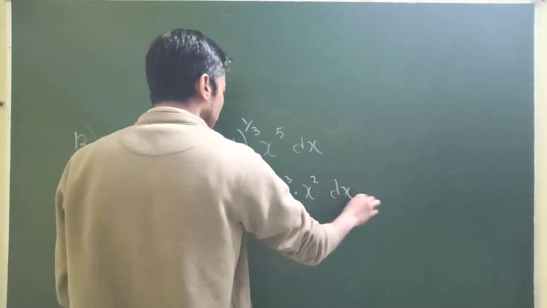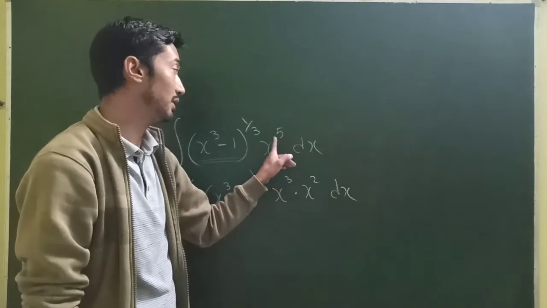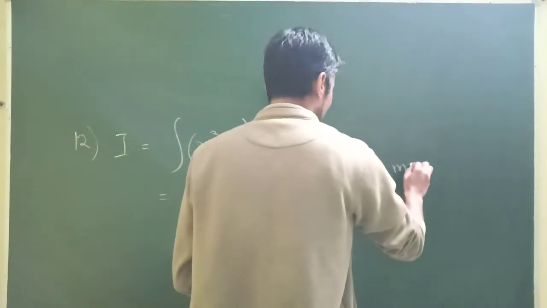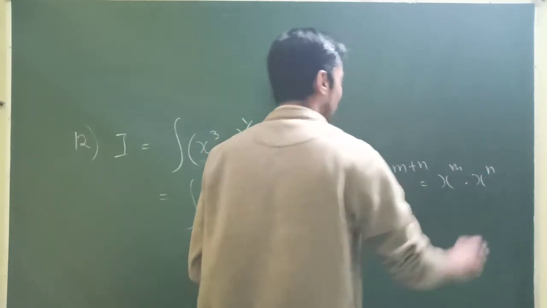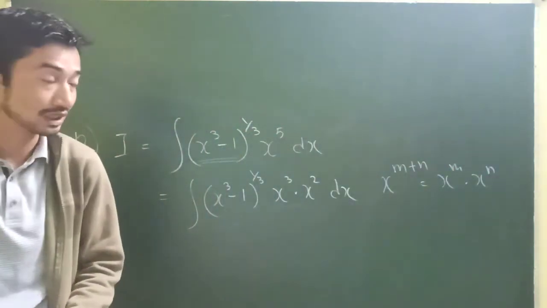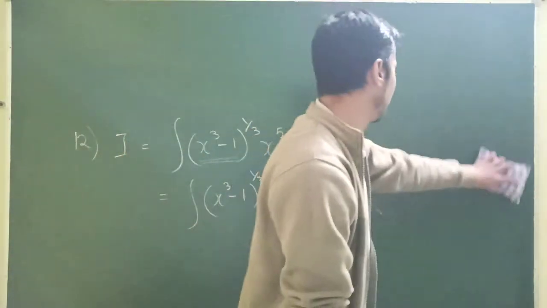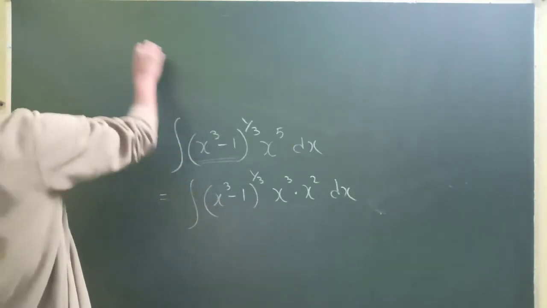I don't think that 2 3s are 6. Why am I writing 5? x power m plus n is x power m into x power n, law of indices. So don't think of those stupid things. Okay. Yes. I think that's fine now. I think we can integrate now.